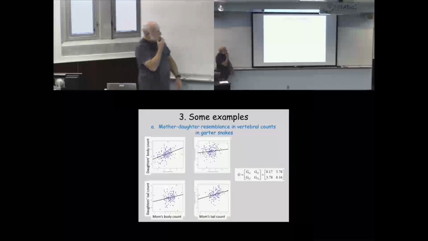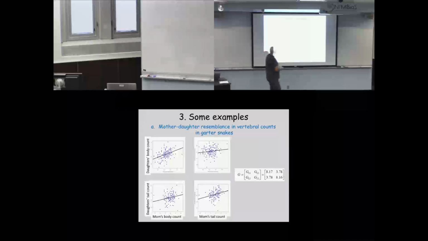Okay, let's look at an example. I sort of alluded to this, but here's our garter snake example. Here's our body plot. Here's our mom tail, daughter's tail plot. What you want to think of is the genetic variance that you estimate from this by regression.